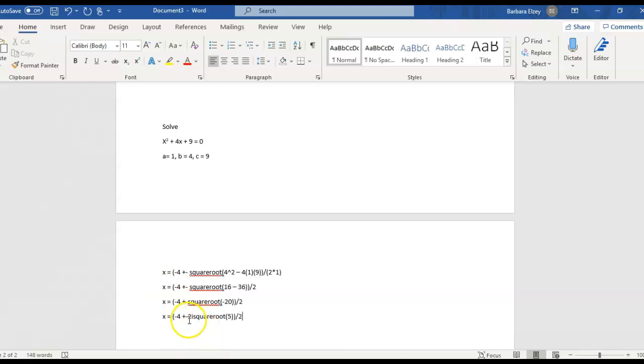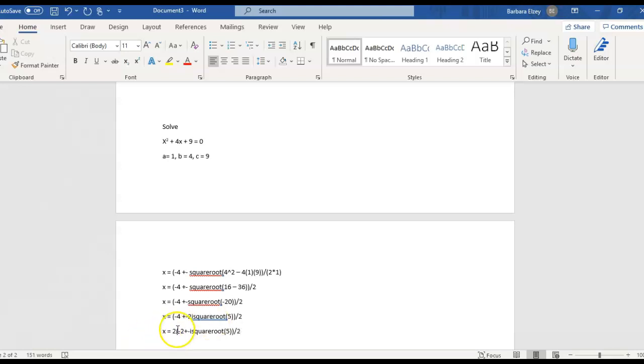Now, just like we did with the last one, a 4 and a 2 can have a 2 factored out of it, and we can cancel that 2 with this denominator and have no denominator at all other than 1 when we cancel. All right, so let's factor out a 2. If I take 2 out of negative 4, I'll be left with negative 2. When I take 2 away from this term, I'll just have the square root of 5, so my i is still there.